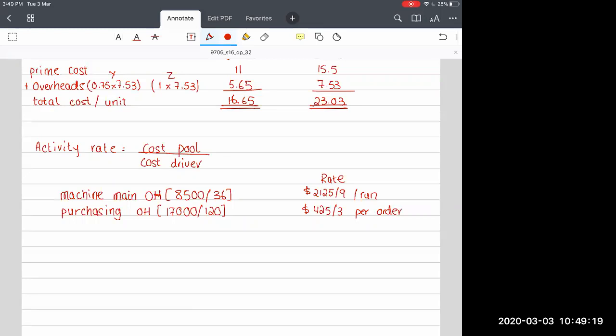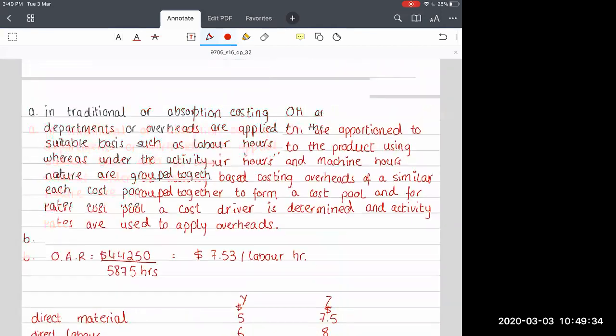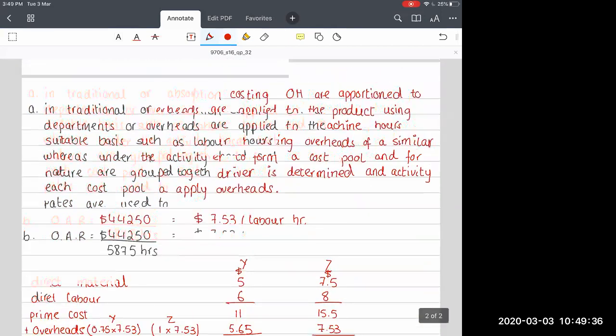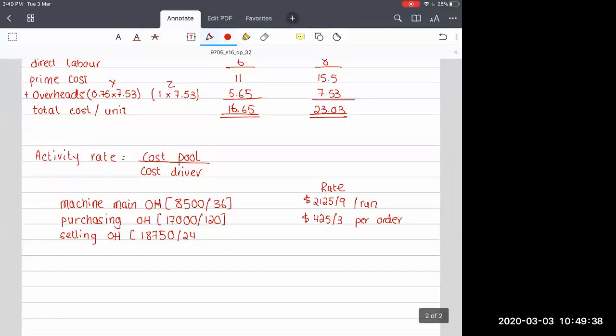The next overhead we have is selling and distribution overheads, which is 18,750, divided by number of sales deliveries, which were 245. That makes 3750 upon 49 per delivery.